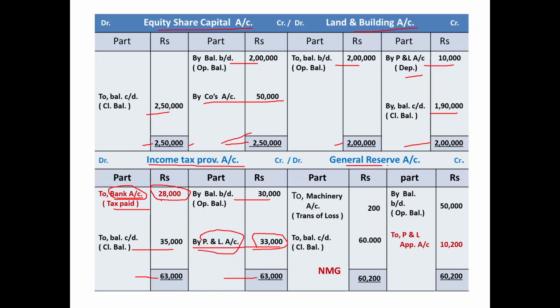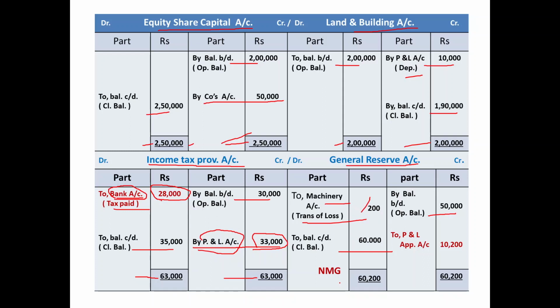This is the general reserve account. Opening balance 50,000, closing balance 60,000, and the posting of this rupees 200, the loss on sale of machinery which has been written off to the GR account. So general reserve debit to machinery account credit, transfer of loss 200.